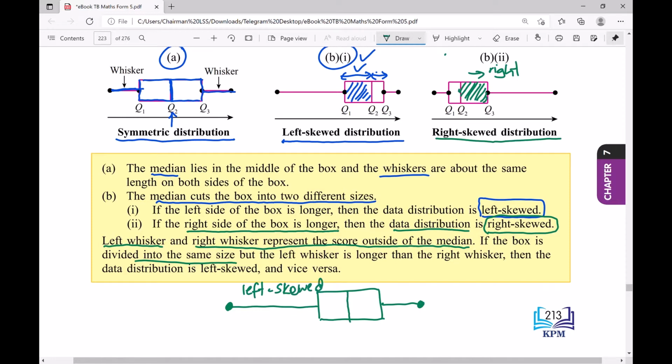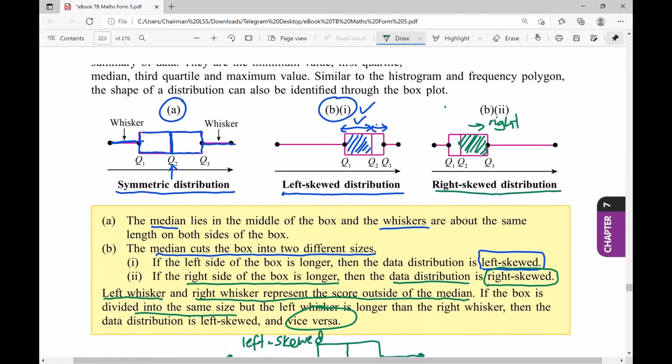And vice versa, if the right one is longer, it is called right skewed. Can you get it?